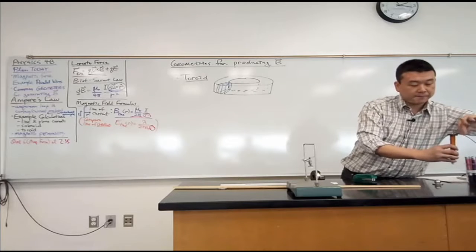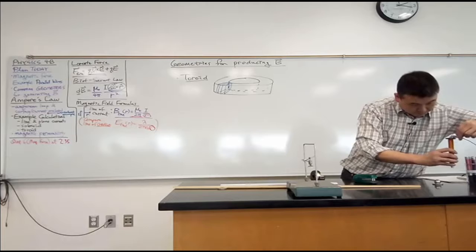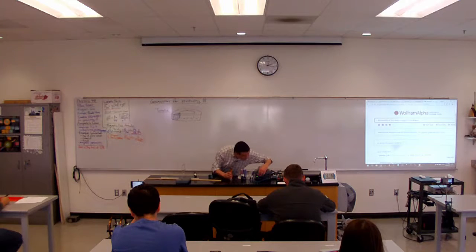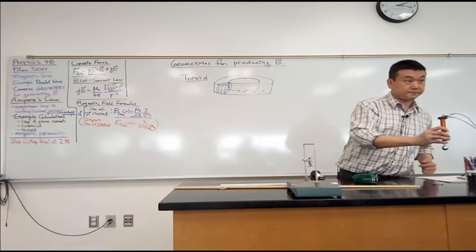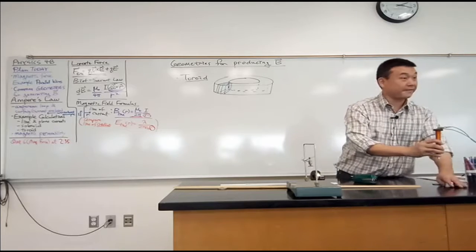But once I pass current through this coil of wires, turn it on. Oh, it was already on. Turn on the current. Then it becomes a magnet. And when I turn the current off, it's no longer a magnet.